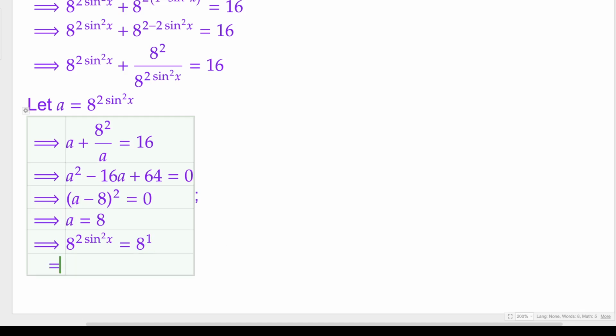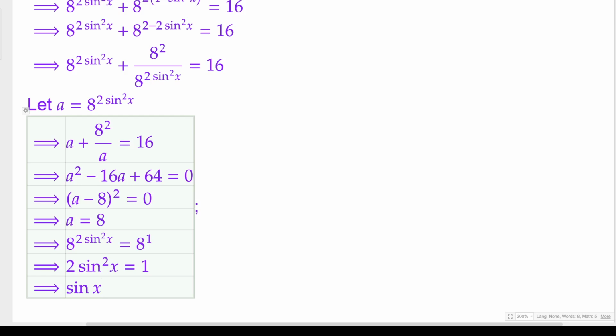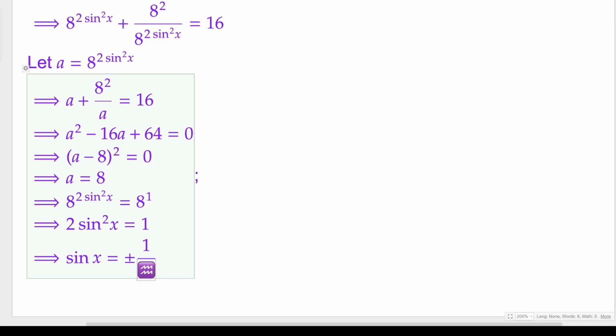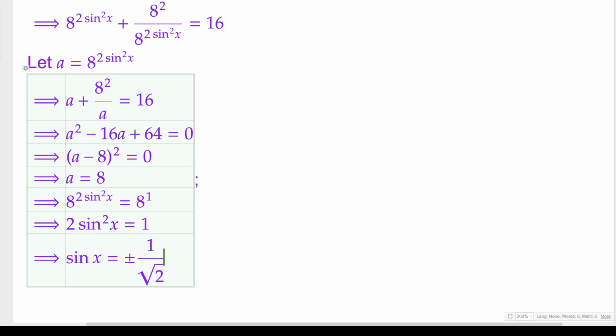From this we can say by comparison that the exponent is equal to 1, and when I solve this, we get sin x equal to positive and negative 1 over square root of 2, both positive and negative.